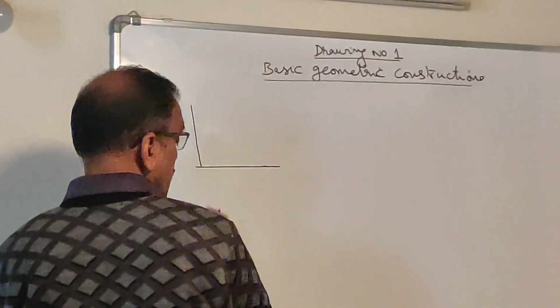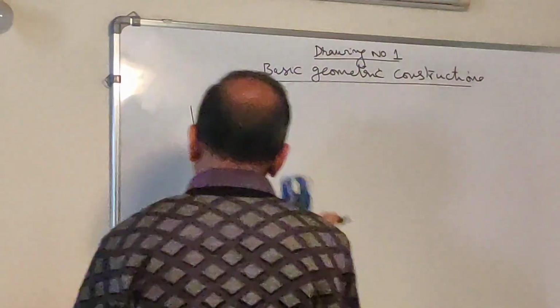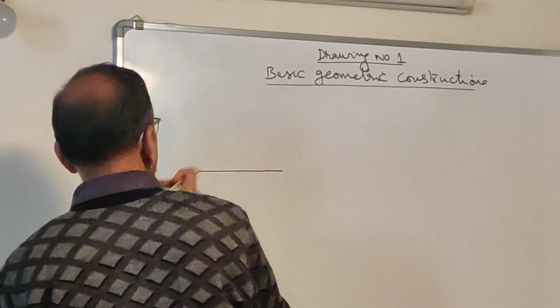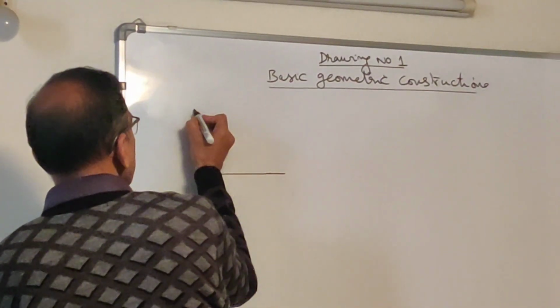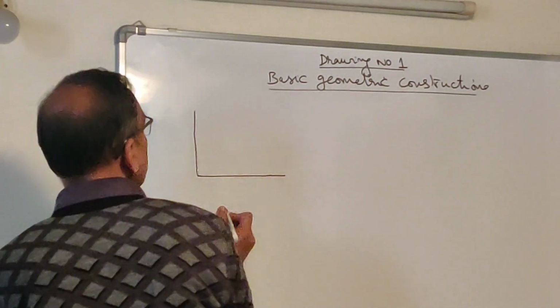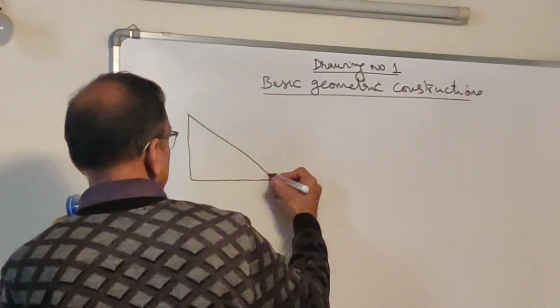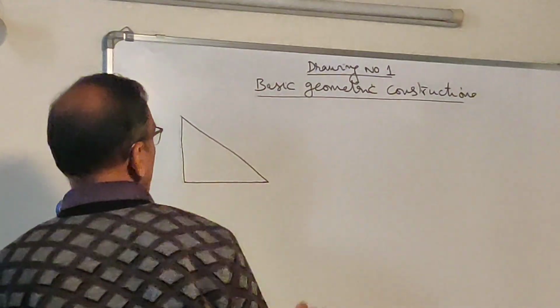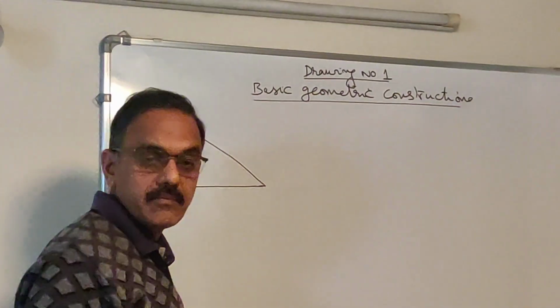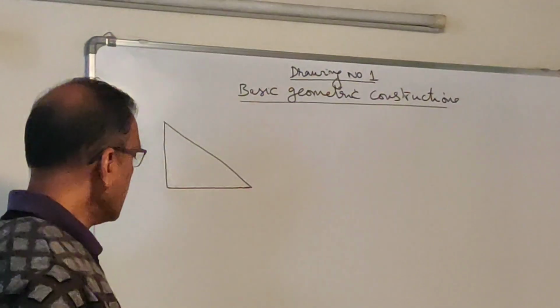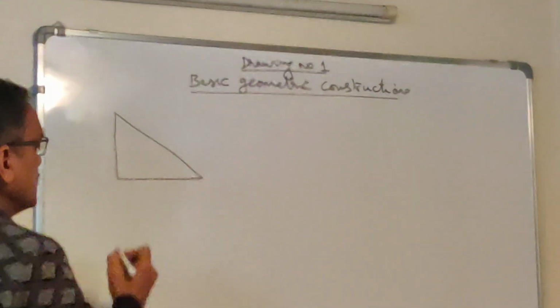These two are at 90 degrees. And this is the hypotenuse. So this you know how to draw. You can use your scale and pencil to draw this. Make sure this angle is 90 degrees.